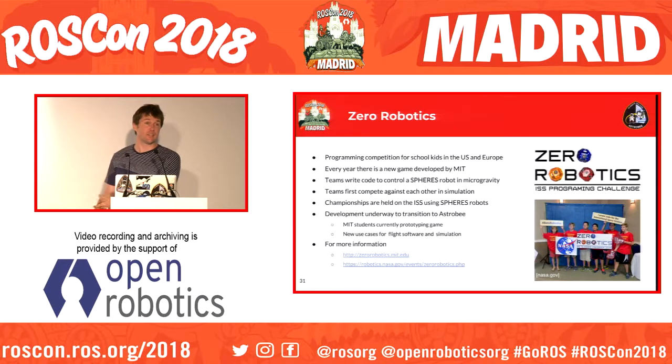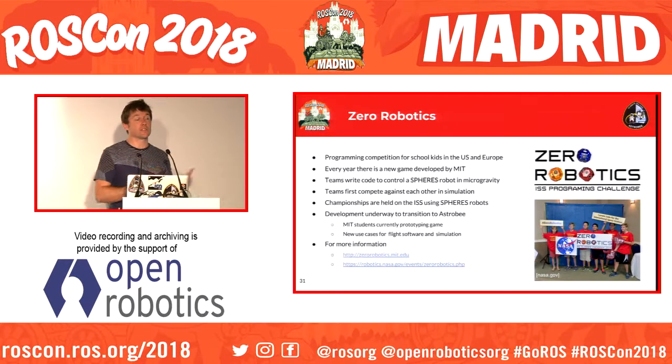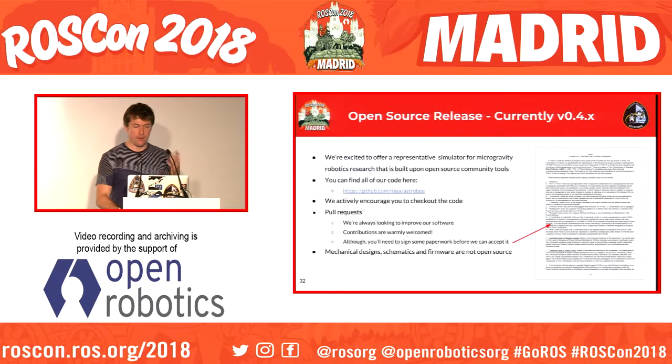So it's very exciting for these kids, and it's a really great way to teach programming. We're in the process of transitioning from SPHERES to Astrobee. It's going to be a reasonably challenging process, but hopefully it'll be more exciting as Astrobee opens up a whole new set of capabilities.